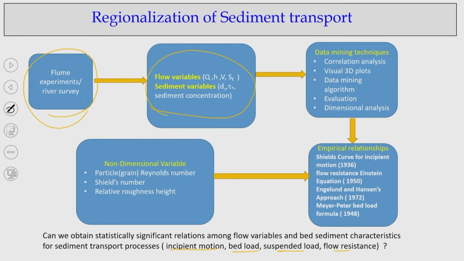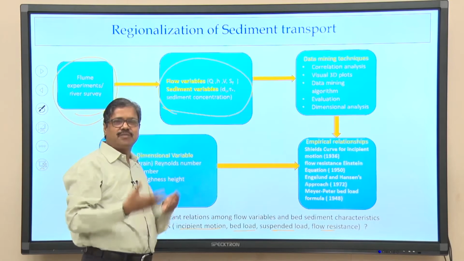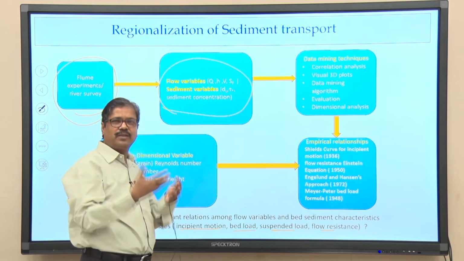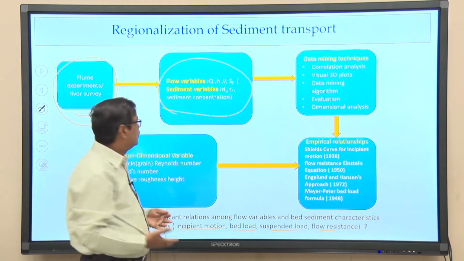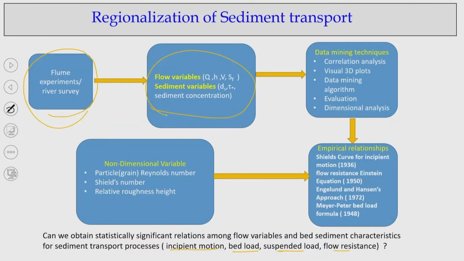Most often we can measure the discharge, we can measure the velocity, we can measure the flow depth, we can quantify the friction slopes. In a similar way we can get the sediment concentrations, the bed load rate, we can get the particle size distribution curve.